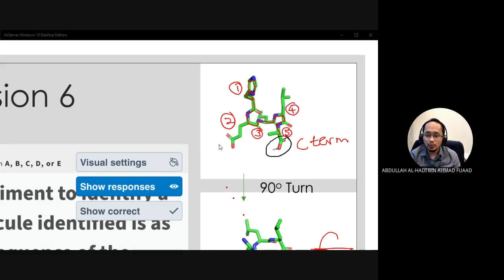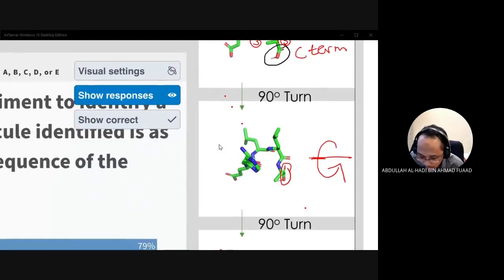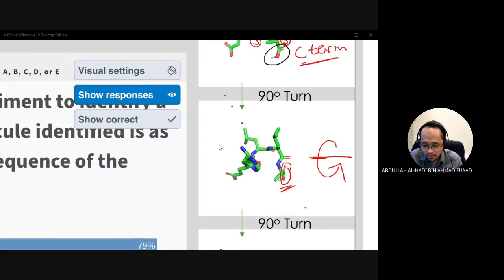Okay, if you look at this, even if you can't identify the sequence properly, you should go down and try to figure it out. You know that this is the C terminal, so you can move backwards. That one is the first one from the C terminal.